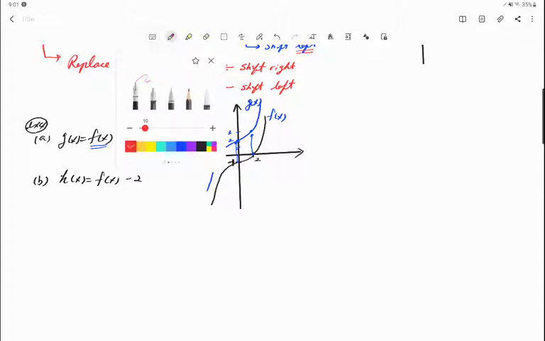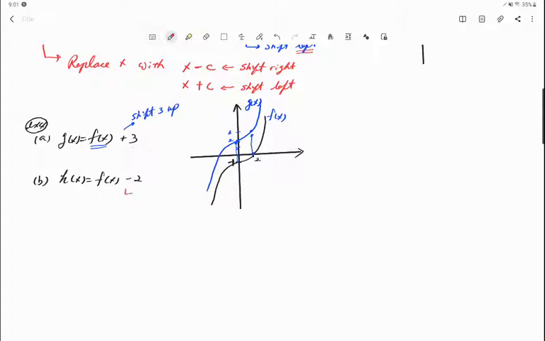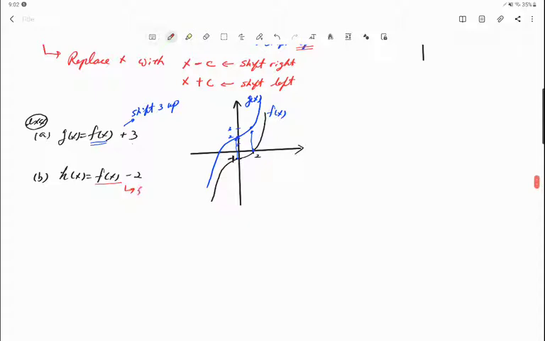Okay. And then how about h of x? This means minus 2, right? Minus 2 means you are subtracting from the y value, lowering the graph 2 units down. This means shift 2 units down, right? So this point will move 2 units down.